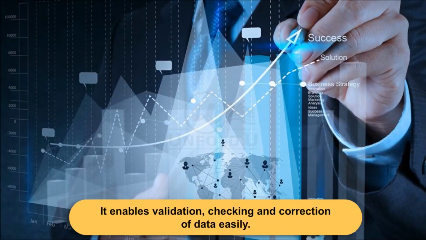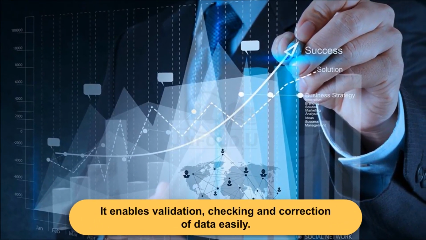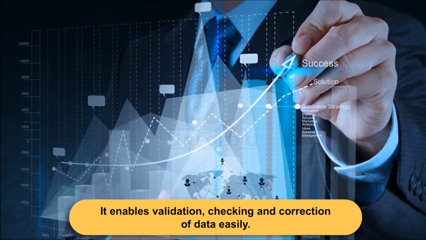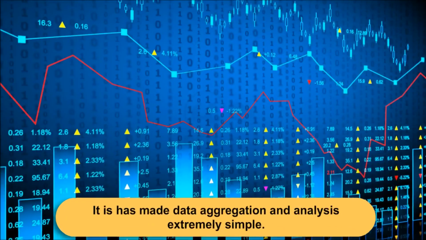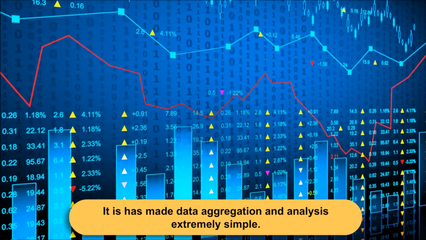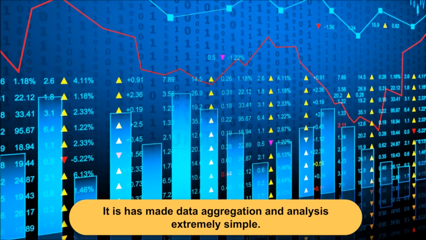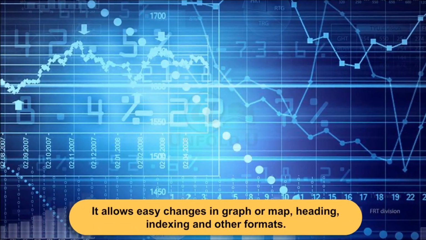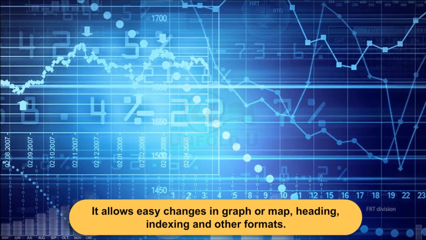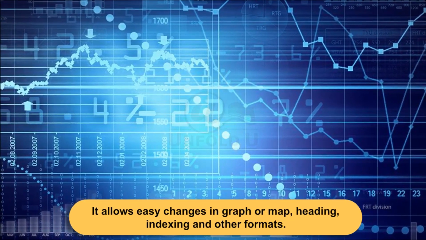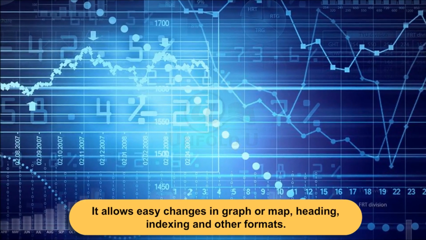It enables validation, checking, and correction of data easily. It has made data aggregation and analysis extremely simple. It allows easy changes in graph or map, heading, indexing, and other formats.